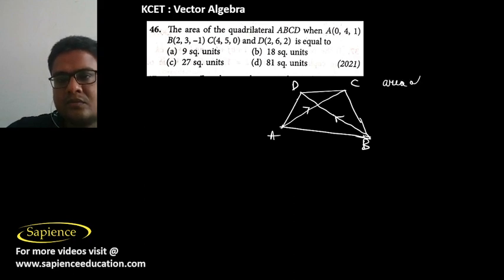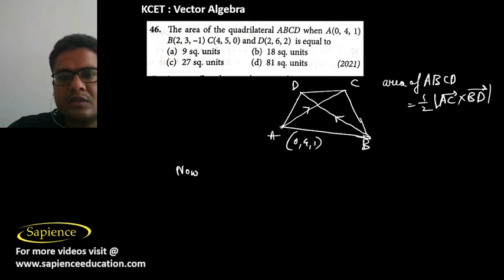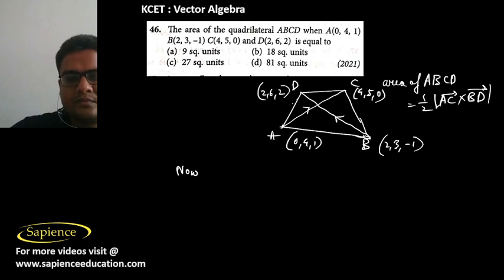Area of quadrilateral ABCD is equal to half of mod of AC cross BD. So now, the coordinates of point A is 0, 4, 1, B is 2, 3, -1, C is 4, 5, 0, and D is 2, 6, 2.